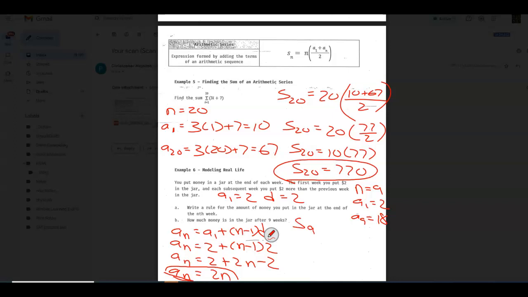Sum of 9 weeks is 9 times 2 plus 18 over 2. 9 times 20 over 2. 9 times 10. And I would argue in 9 weeks, I'll have $90. Any questions with that?